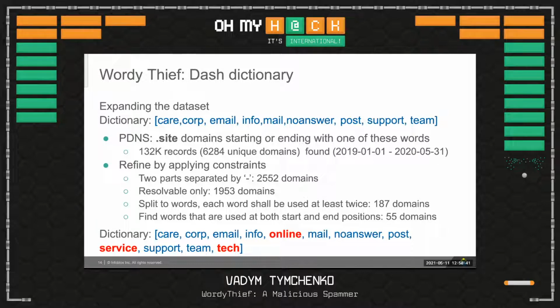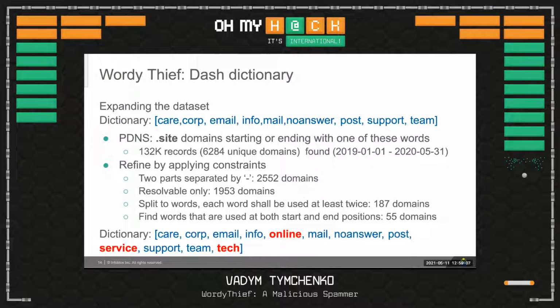Now we can apply refinement by using certain constraints. First, we want to have domains that contain a single dash character. So there are only 2,500 domains remaining. Then we want to keep only resolvable domains.